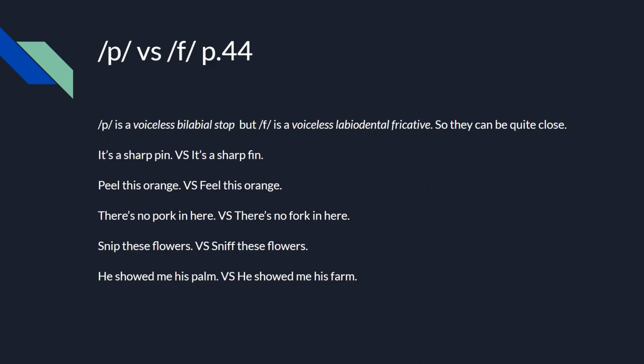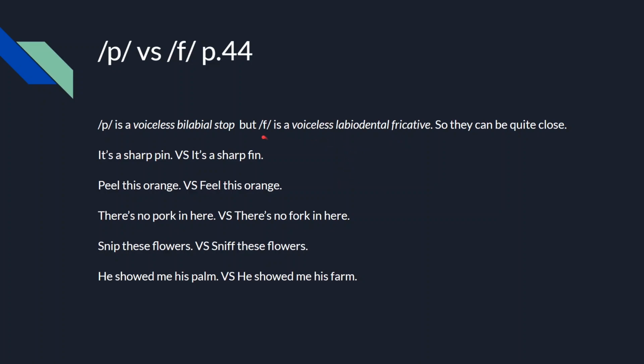And stop means that our air is quite literally stopped by something. There's something blocking the air coming out. In this case, our lips. So voiceless bilabial stop is the P sound. P, P, P. But F is a voiceless labial dental fricative. It's close, but it's not the same.